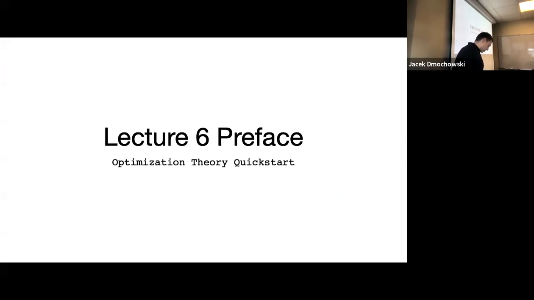Right, so I call this the optimization theory quick start. So first of all, why am I doing this? I'm doing it because whether it's supervised learning or unsupervised learning or semi-supervised learning, at the end, to get a model, to get a classifier, you need to minimize a loss function in the case of machine learning.